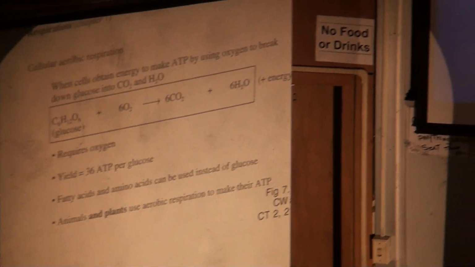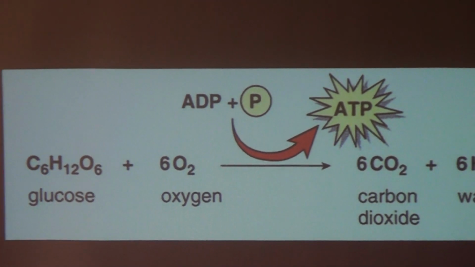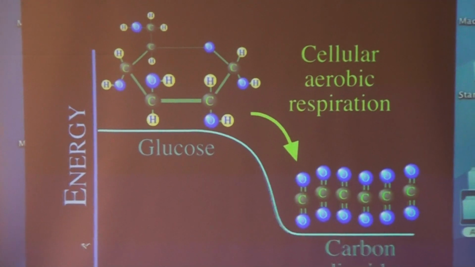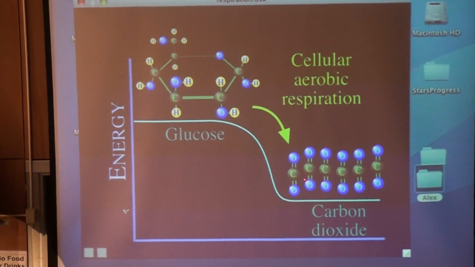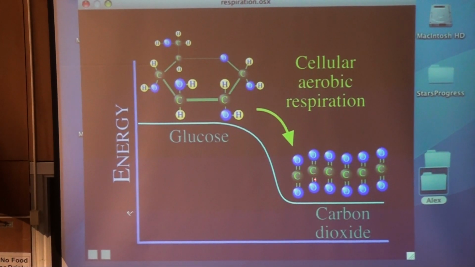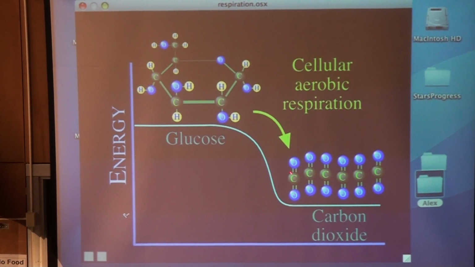Alrighty, I think the next slide was a potential energy diagram of the process. Remember that carbon dioxide is as low in energy as a carbon atom can get inside living things, because all its bonds are to oxygen, and those are low energy covalent bonds.